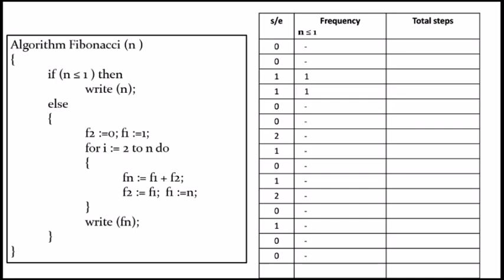So suppose n is less than or equal to 1, so again the first two lines will be considered as 0. So these lines are not executing frequently.